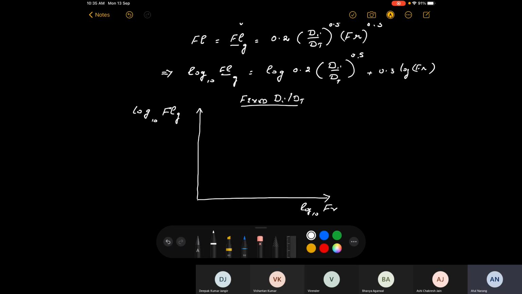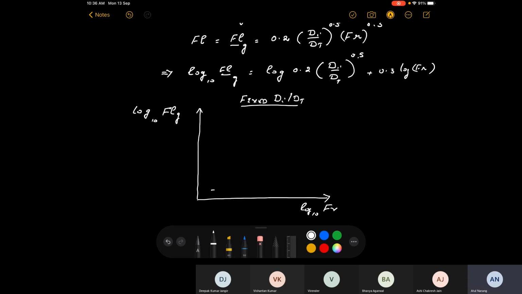If you do this for an impeller of a fixed ratio relative to the tank size, then basically you can see this is a straight line of slope 0.3.